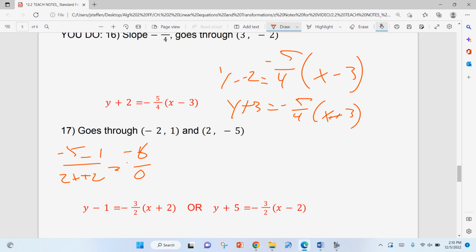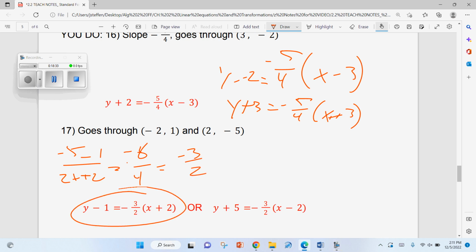Sorry, I feel like I made a mistake here somewhere. Okay, sorry, I found it. 2 plus 2 is not 0, it is 4. So negative 3 over 2. So when you plug that in, you get this using one of your ordered pairs and this one using the other ordered pair.